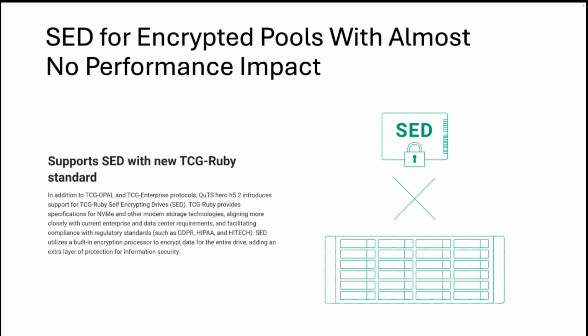But if you have SED, the drive hardware itself does the encryption, and it has little to almost no performance impact, when the hard drive or SSD itself does the encryption. So in this way, you just encrypt the whole pool. The drive does the encryption, with little performance cost, but you still have encryption. So there are some advantages there.